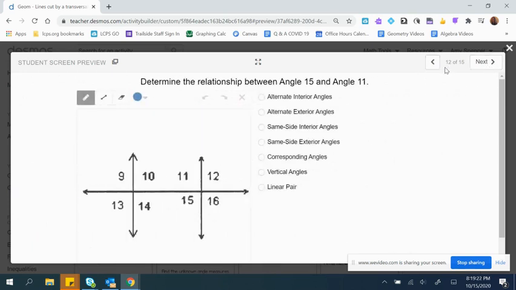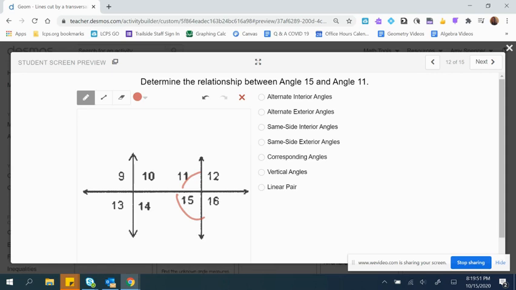As you look at slide 12 then, we're asked to identify another relationship, and this time we're going to be focusing on the angle relationship that we have between angle 15 and angle 11. So we're looking at this relationship between 15 and 11. As you consider this, again, some people like to start out by trying to decide if it looks like these angles are alternates or if it looks like these angles are same sides in terms of that transversal placement.